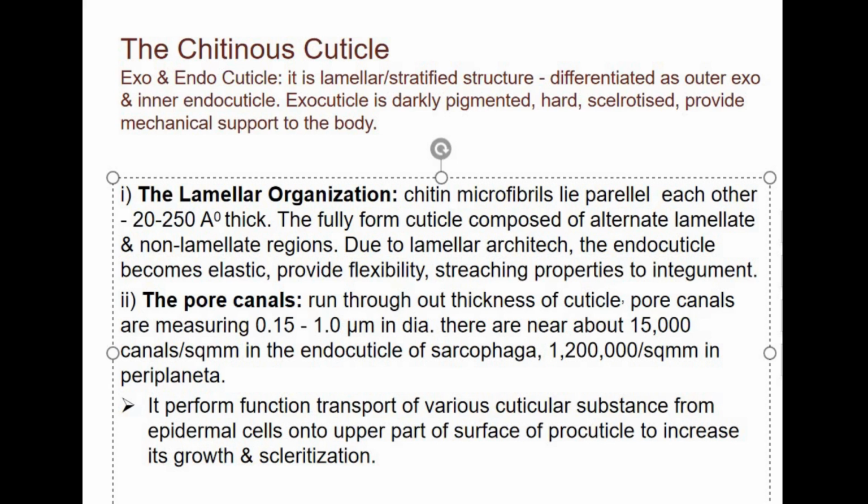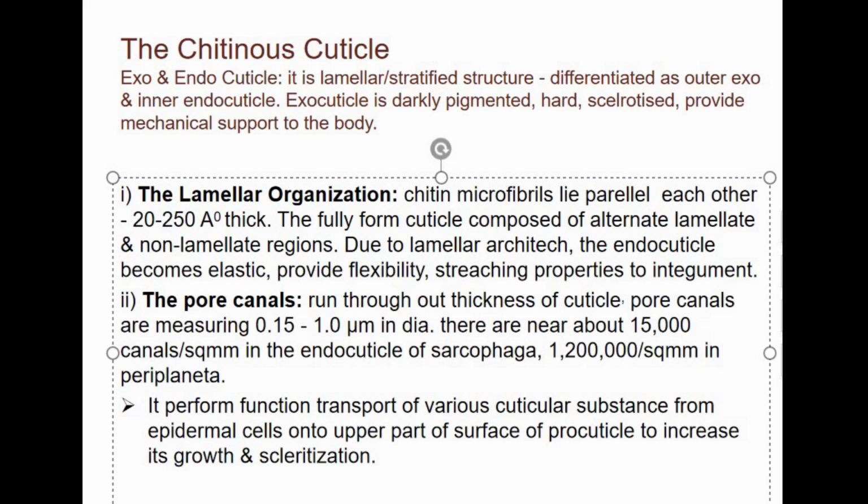The pore canals perform the function of transporting various cuticular substances from the epidermal cells onto the upper surface of the procuticle, which facilitates its growth and sclerotization. So remember, the main function of the pore canal is the transportation of various cuticular substances from the epidermal cells.